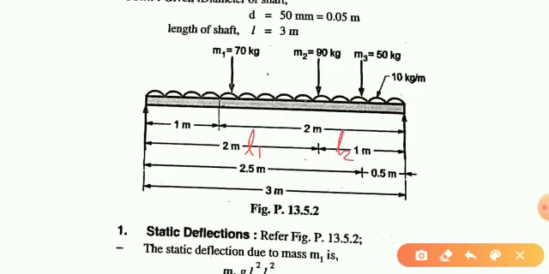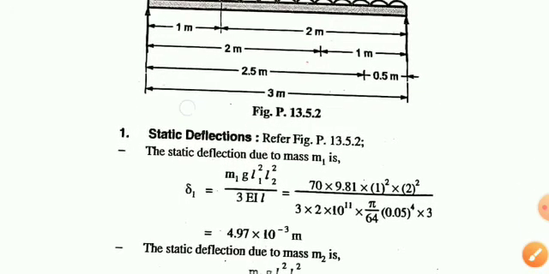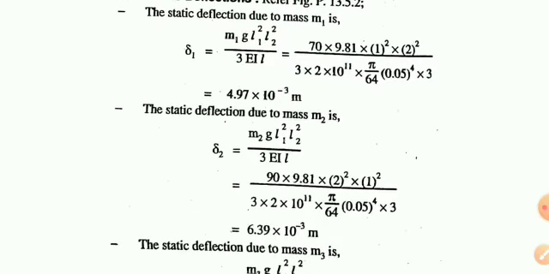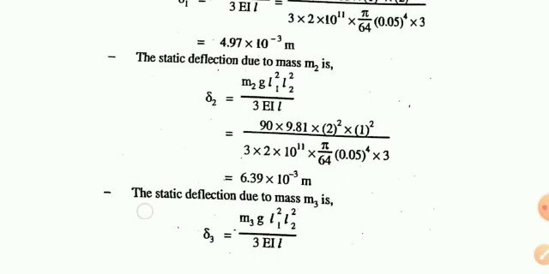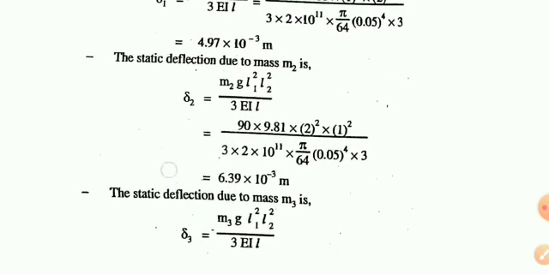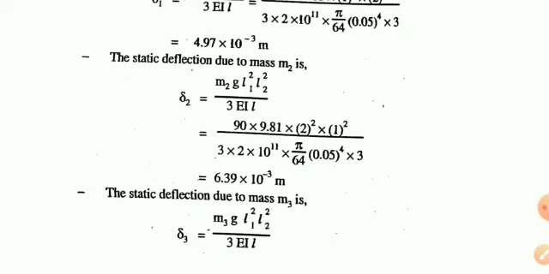Same way for m3 this will be our L1 and this will be our L2. So using the same equation, mg L1 square L2 square upon 3 EIL, we can find the static deflection due to mass m1, due to mass m2 and due to mass m3.